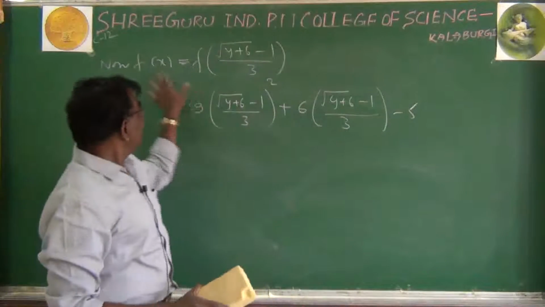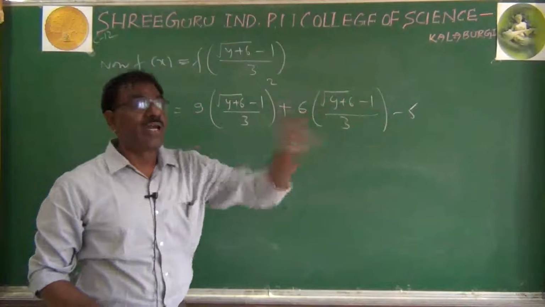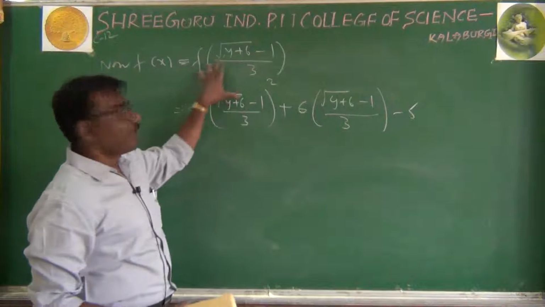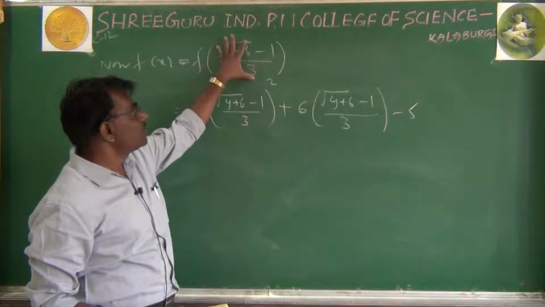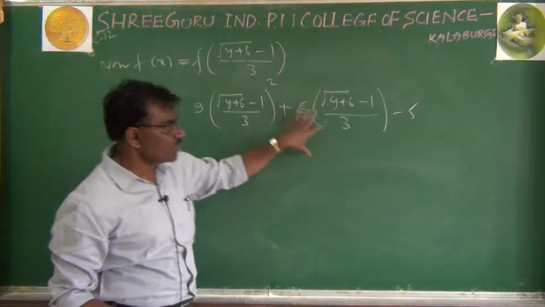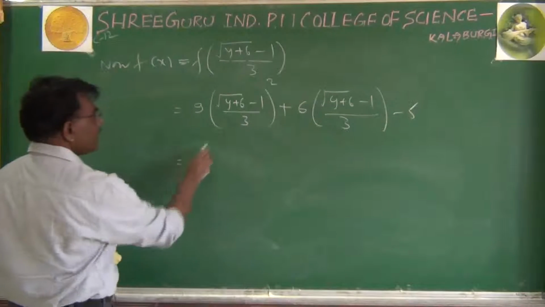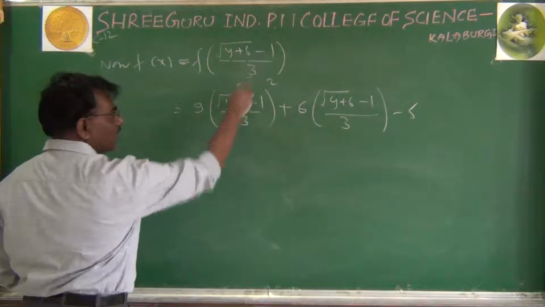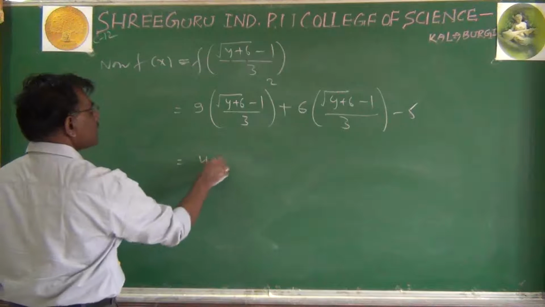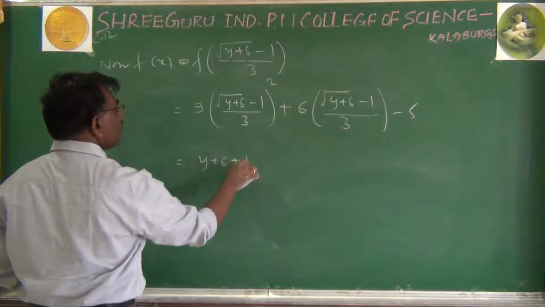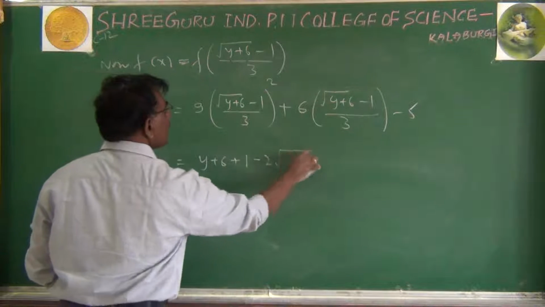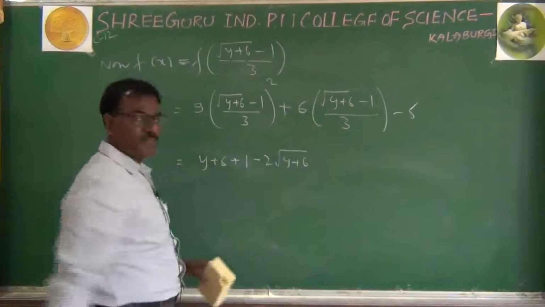Okay. f of x equal to y I have. So f of root y plus 6 minus 1 by 3, assuming this is x, 9x square plus 6x minus 5. So 9 cancels, a minus b whole square: a square is y plus 6, b square is 1, minus 2ab root y plus 6.